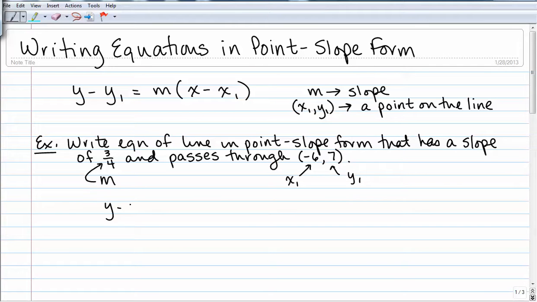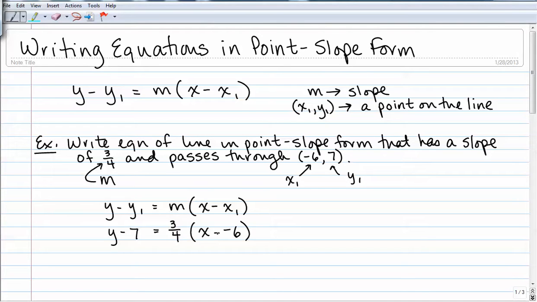So y minus y1 equals m times x minus x1. So that gives me y minus 7, because my y1 is 7, which equals 3/4, my slope, times x minus a -6.